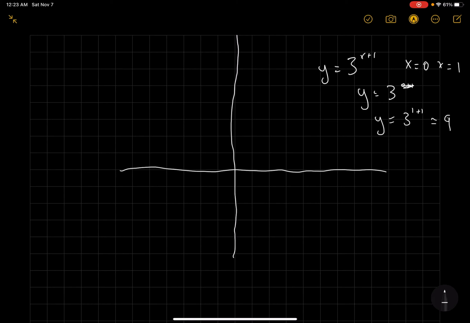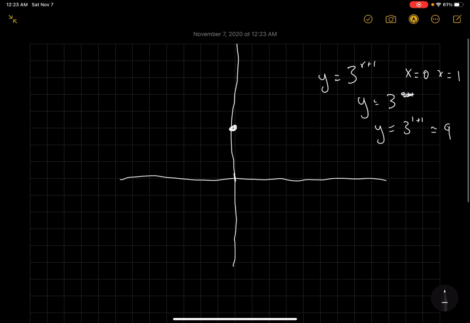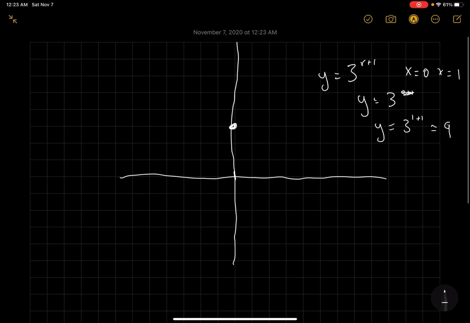So let's graph this. When we had x equals 0, y equals 3. When we had x equals 1, y equals 9.